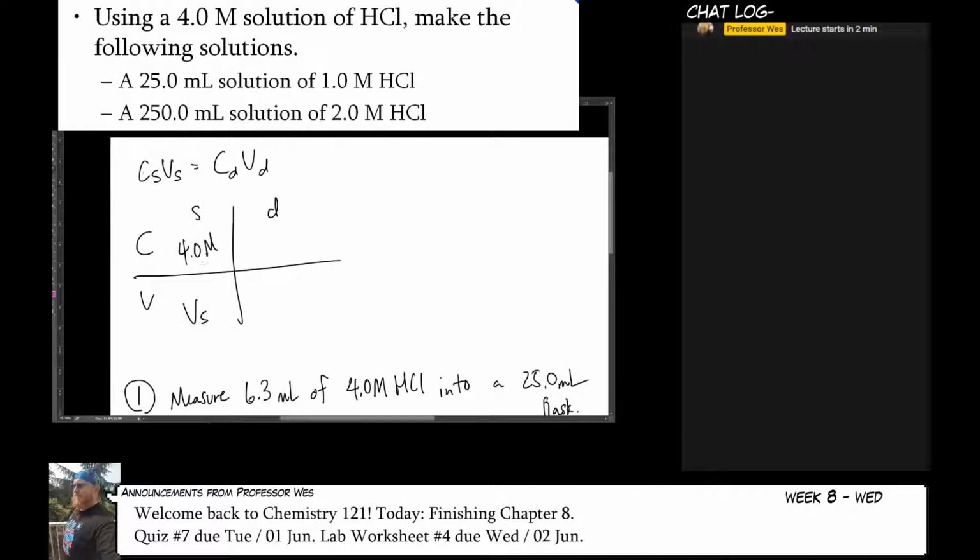All right, so now I want 250 milliliters of a 2 molar solution. So we'll plug in the numbers.